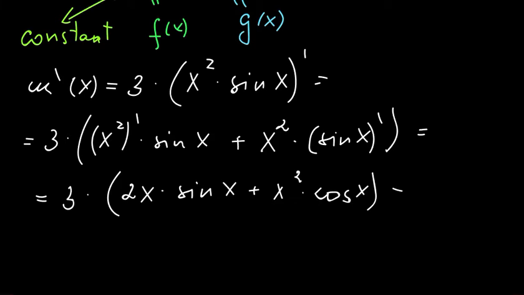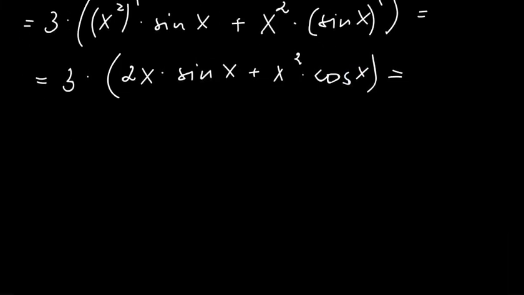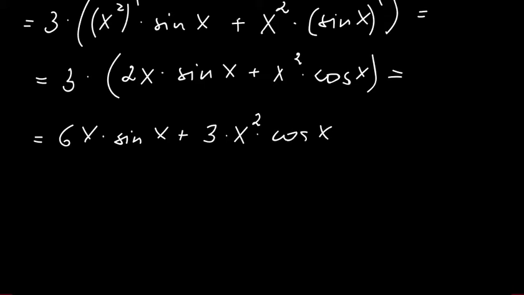So now we need to multiply everything in our parentheses by the 3, and we get that our answer is 6x times sine of x plus 3 times x squared times cosine of x. This is our answer.